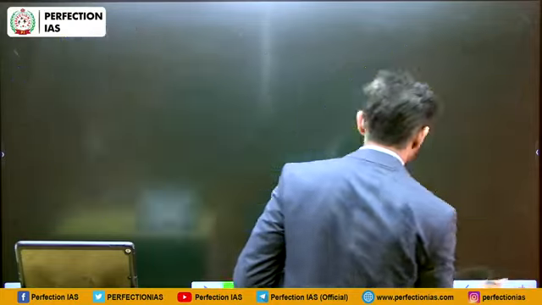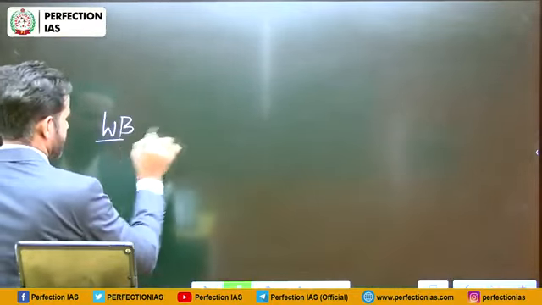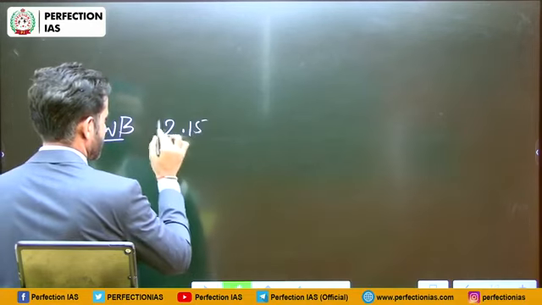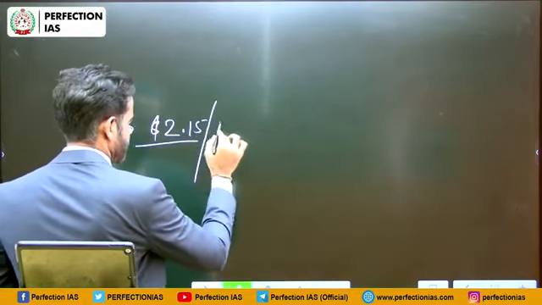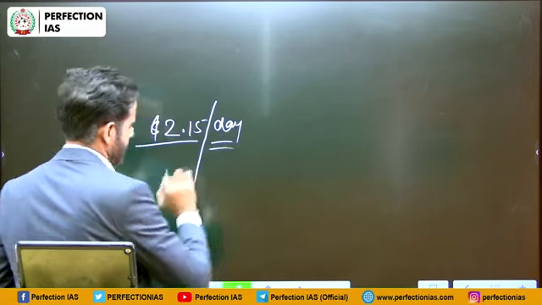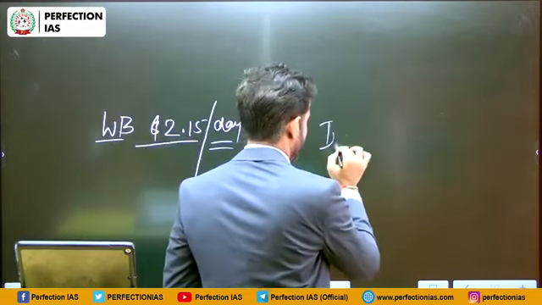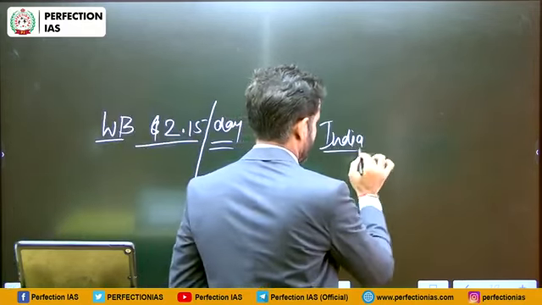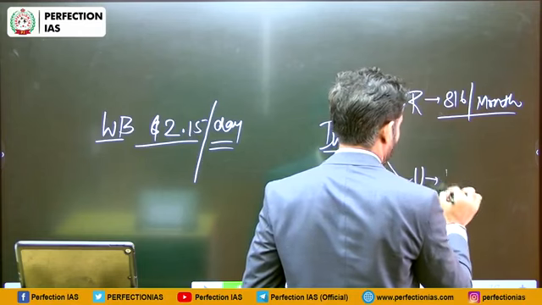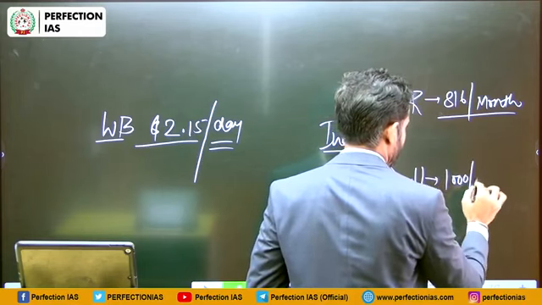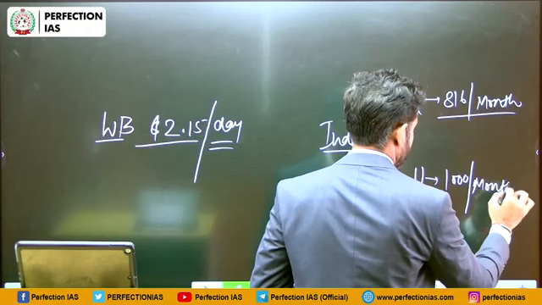So let me summarize it. As per World Bank, the most recent is $2.15 per person per day. On the other hand, in case of India, in rural areas it is 816 rupees per month per person, and in urban areas it is 1000 rupees per person per month.